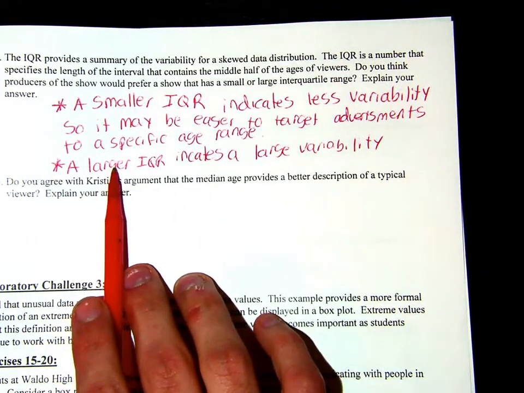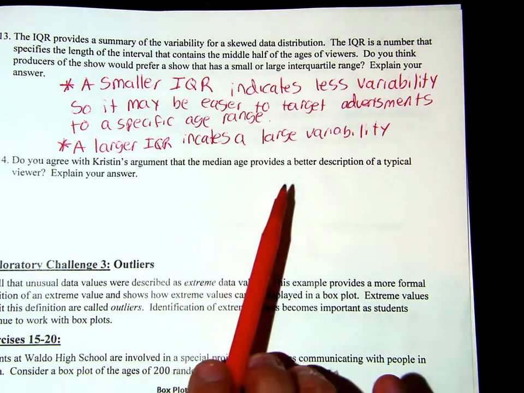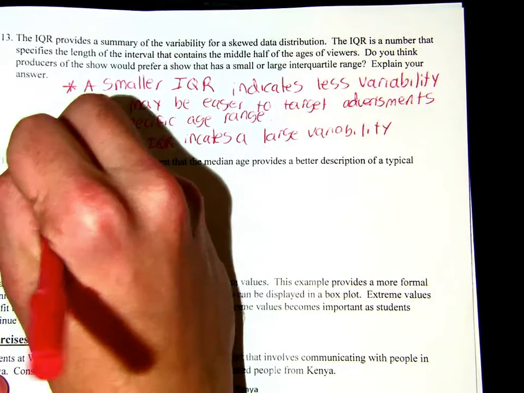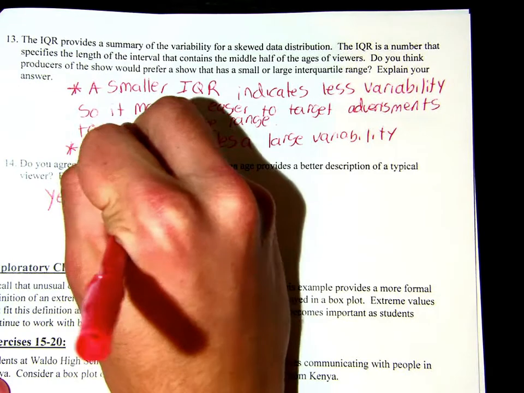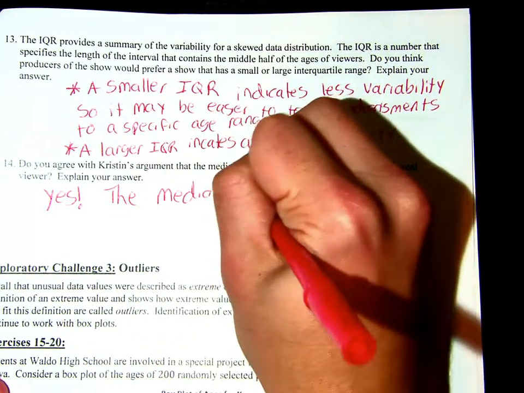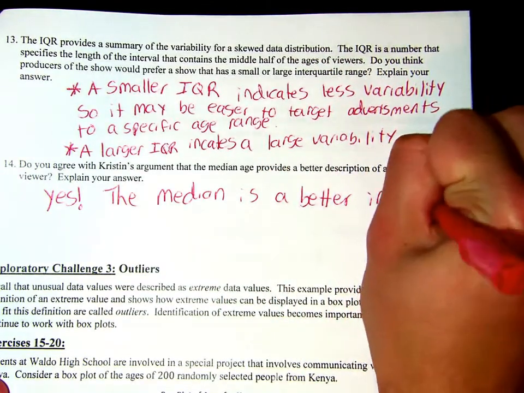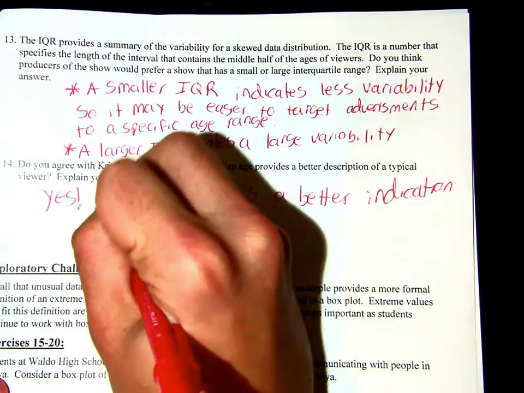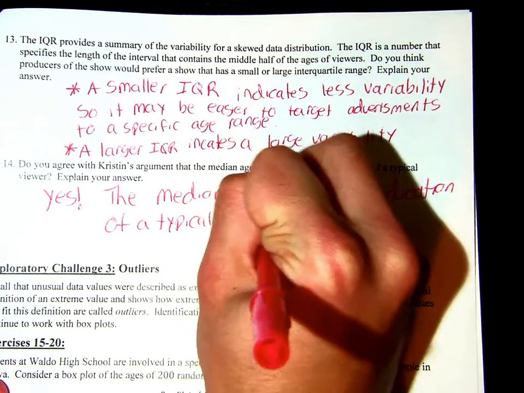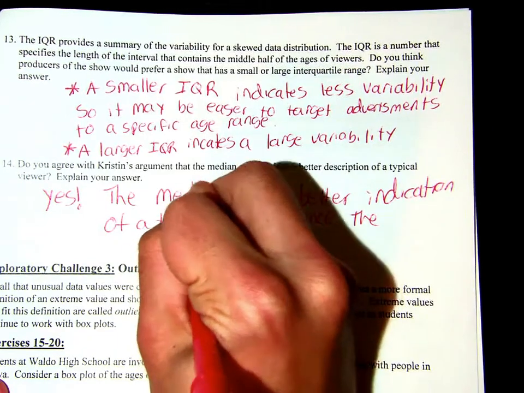Okay? And then it says, do you agree with Kristen's argument that the median provides a better description of a typical viewer? We could say yes, because the median is a better indication of a typical value since the data is skewed.